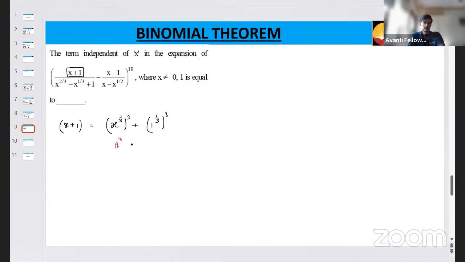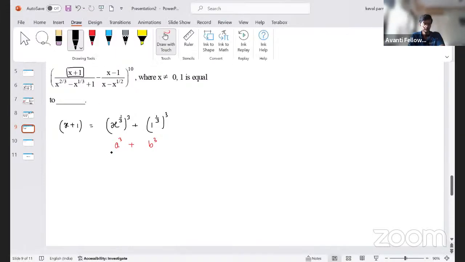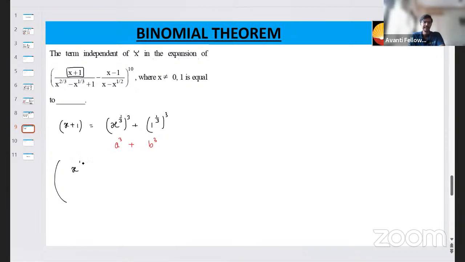This is a cube plus b cube, right? So therefore, the expansion will become a cube plus b cube is a plus b into a square minus a into b plus b square. तो 1 को तो कुछ फर्क ही नहीं पड़ेगा आई थिंक, है ना? 1 की कितनी भी पावर ले लो.